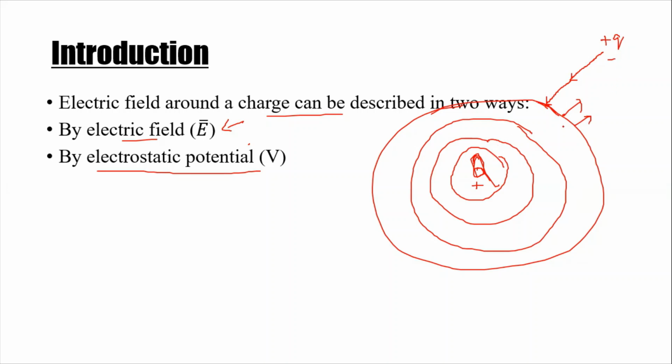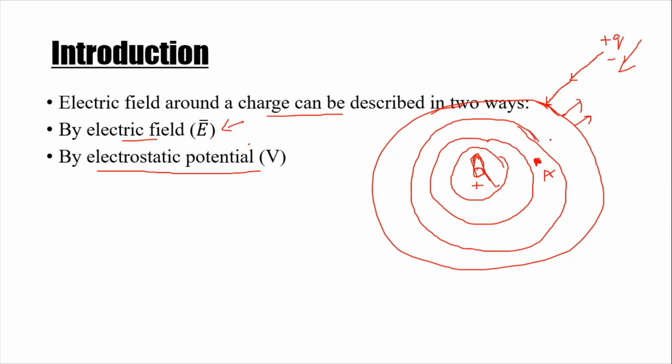But I want to place the test charge here at this point. Let me say this point is A. So what should I do? I should exert a force greater than the force of repulsion available at this point.